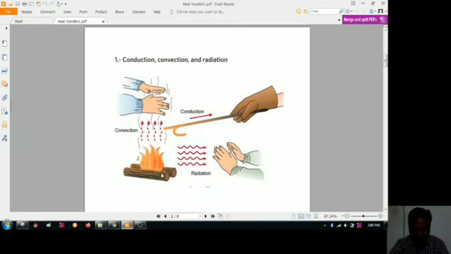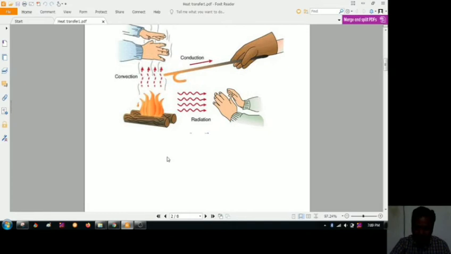Think that the source is the sun itself and we are on the earth. The transfer of heat occurring without any medium is radiation, where the energy comes in the form of electromagnetic waves.